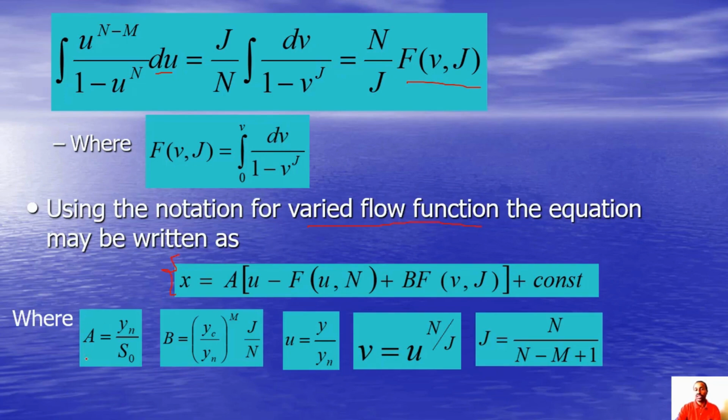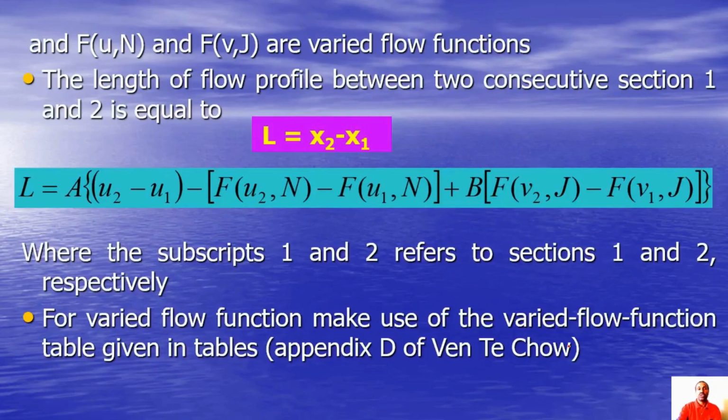Where a is this one, then we may just apply. So you have j and n, m, etc. We will calculate j and n and m, then finally we will substitute. F of u n and f of v j are varied flow functions. Then the length of the flow profile between two consecutive sections 1 and 2.